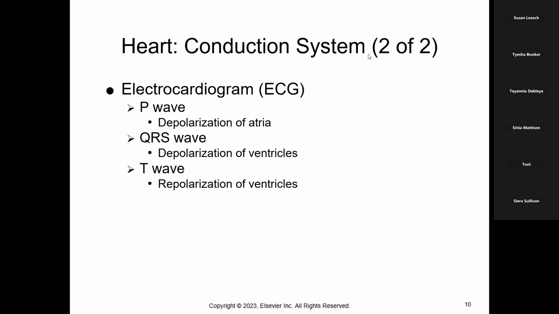Okay, so your main things there to remember again are the P wave is depolarization of the atria, the QRS is depolarization of the ventricles, and the T wave is repolarization of the ventricles.